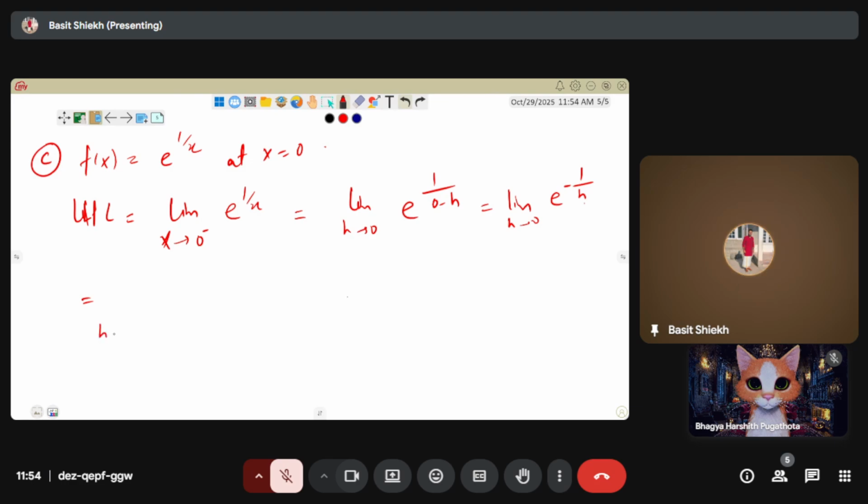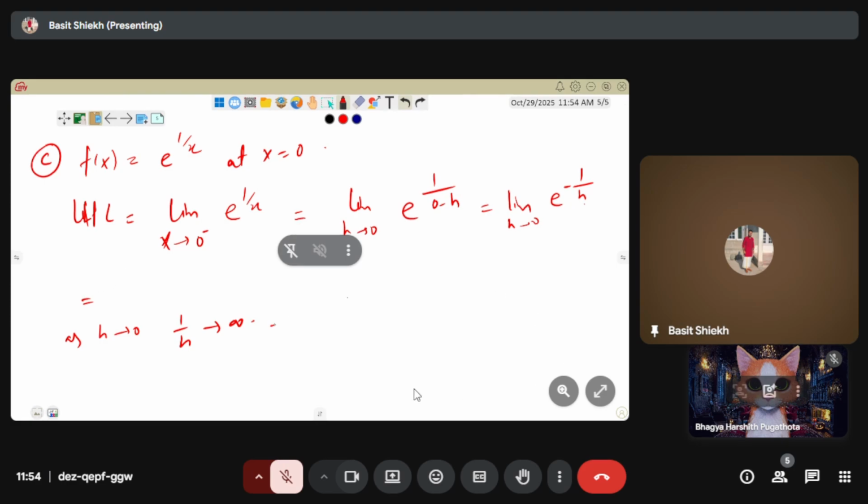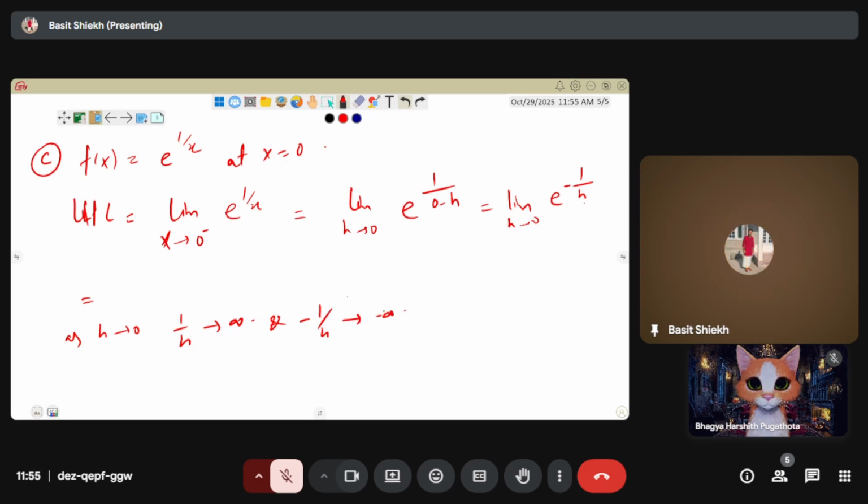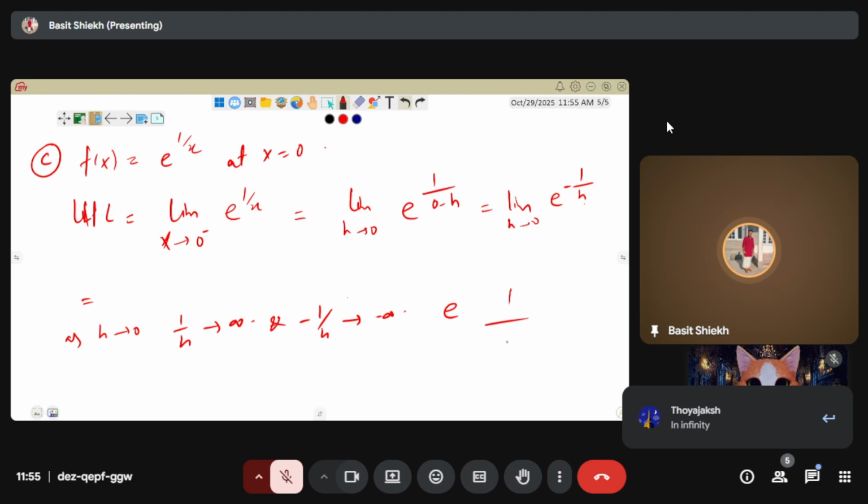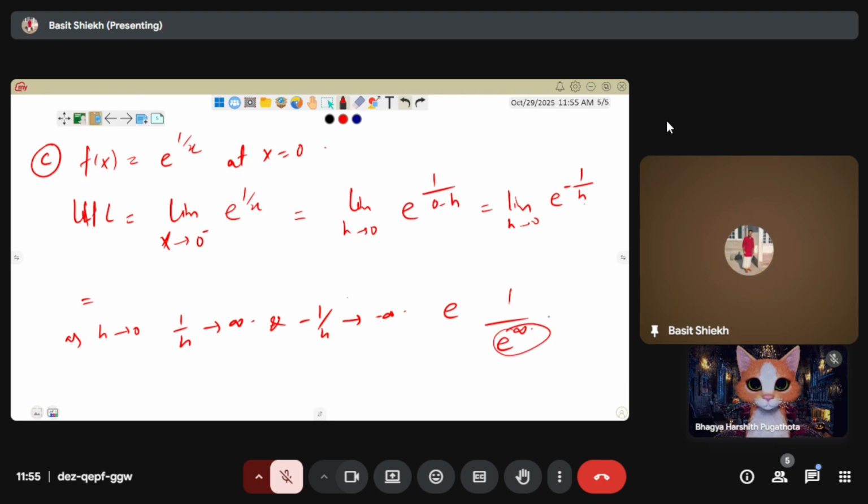As h goes to 0, 1 by h goes to infinity, and minus 1 by h goes to minus infinity. So otherwise I can write this as 1 by e to the power infinity. E to the power infinity is infinity, so 1 by infinity is 0. This will go to 0.